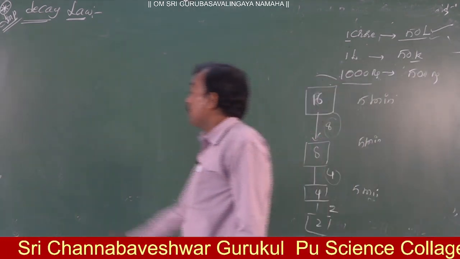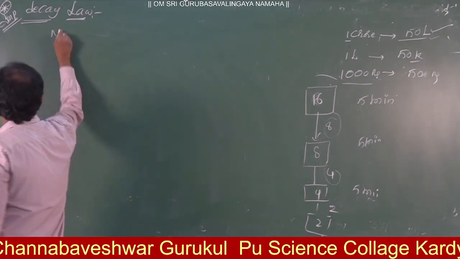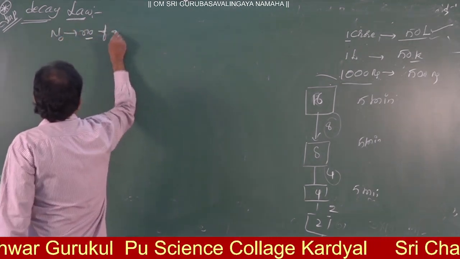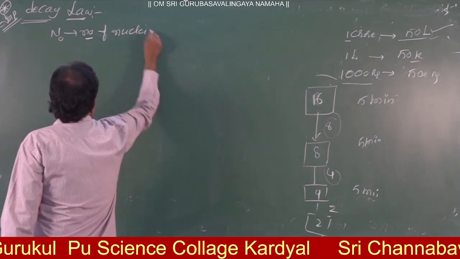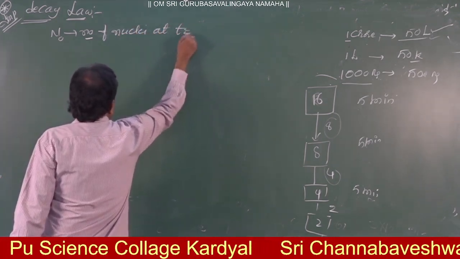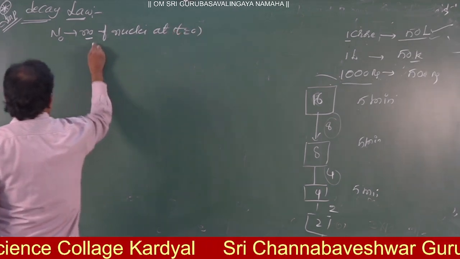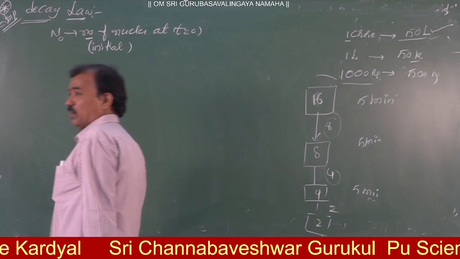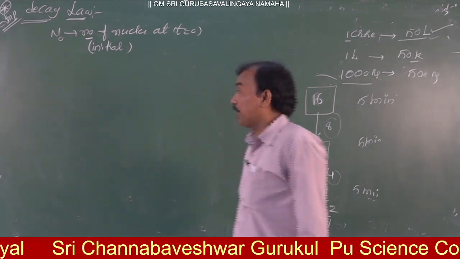Suppose here N0 is equal to the number of nuclei at T is equal to 0. At T is equal to 0 means this is the initial value, initial amount of the nuclei. Okay, now T is equal to 0. Again, next one.